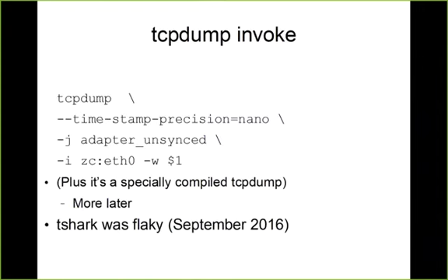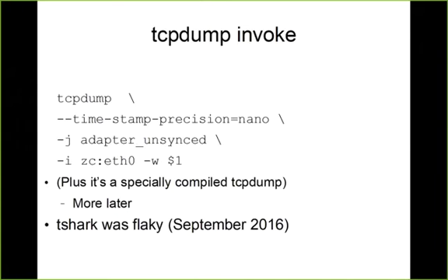So when I'm invoking tcpdump, for instance, you have to say you want timestamp precision equals nano, which is only there if you compiled it there, and it's only available from the NIC if the NIC provides it and the NIC driver provides it.